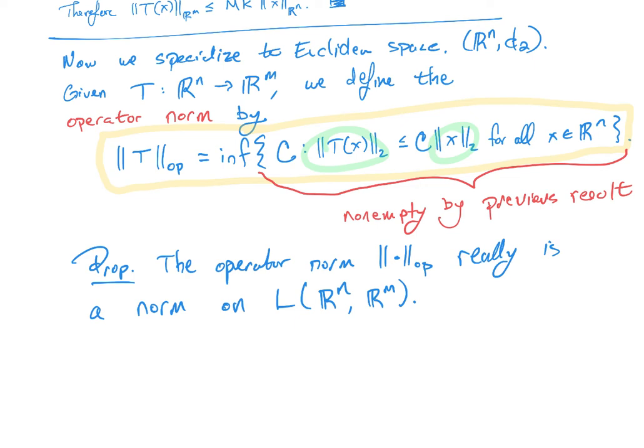The first 3 are pretty easy, as usual, when you're proving a norm. Remember, the first one is that it's non-negative. This is always non-negative. 0 is a lower bound on that set.